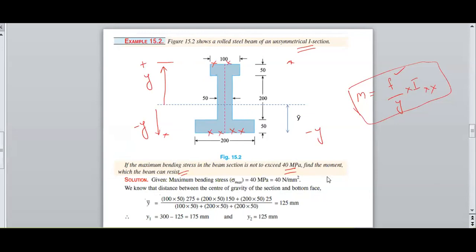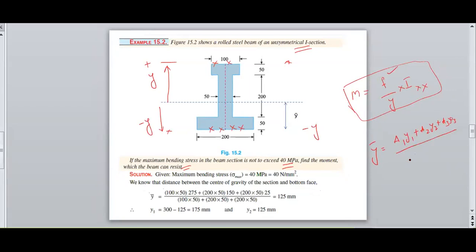So we know the equation: y bar is equal to A1 y1 plus A2 y2 plus A3 y3 divided by A1 plus A2 plus A3. Here we have 3 cross sections while moving from the bottom to top.